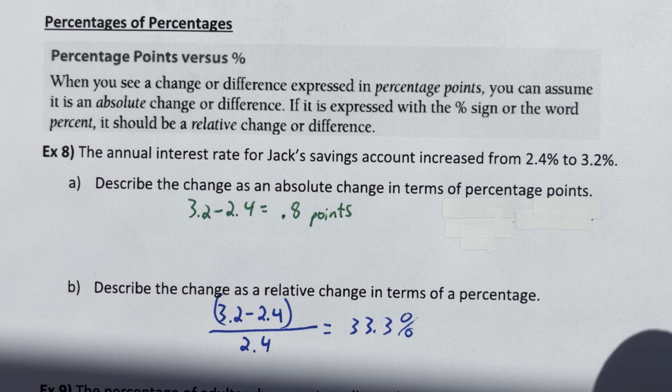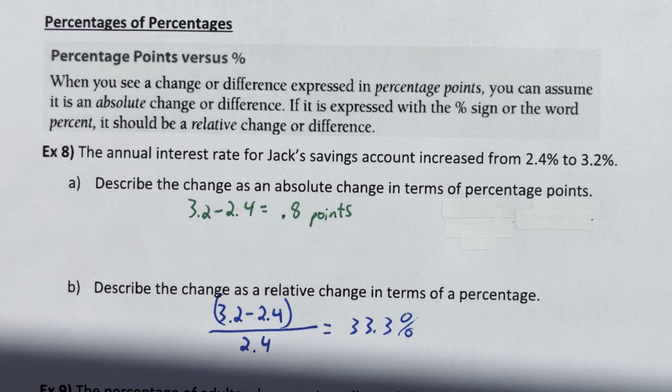If I want to know the relative terms, 3.2 minus 2.4 divided by 2.4, don't forget parentheses, and that is a 33% increase. So once again, both data points tell the story. You only got a 0.8 percentage point increase. However, relatively, it's a 33% increase. And when you're dealing with a savings account, I would take every percentage increase that they would give you.